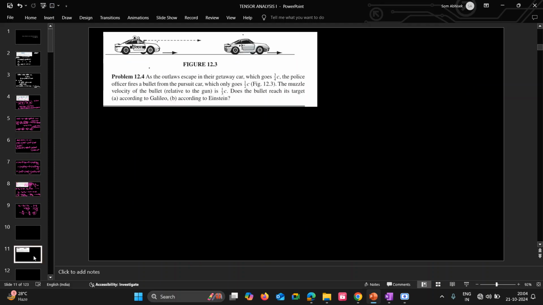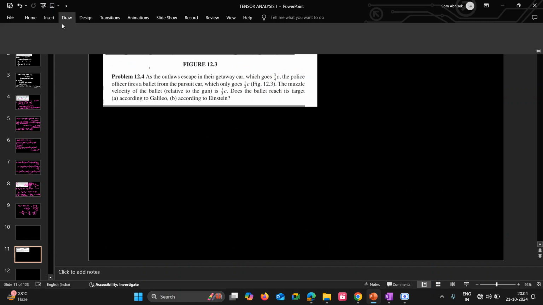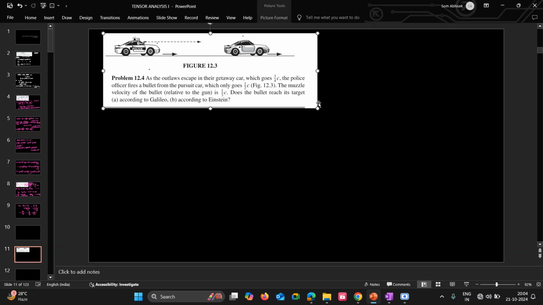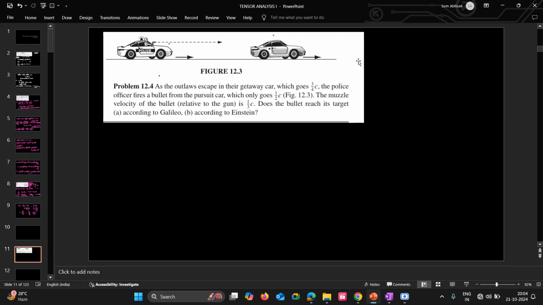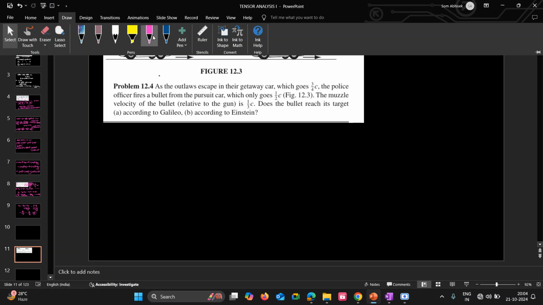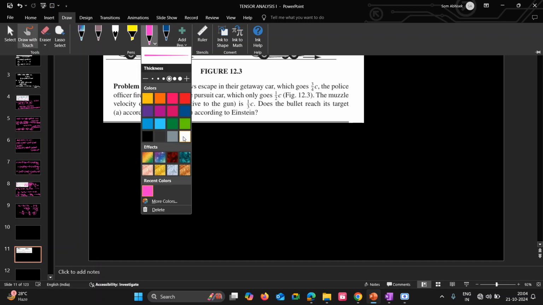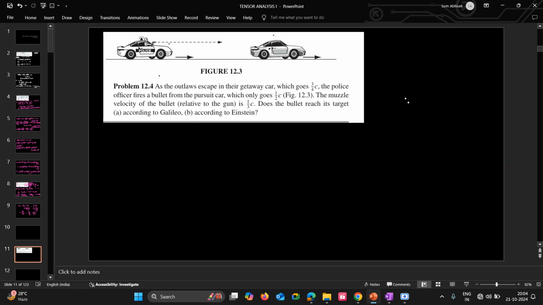Next question. As the outlaws escape in their getaway car, which goes 3 by 4 c, let me zoom in a bit. The police officer fires a bullet from the pursuit car, which only goes 1 by 2 c.